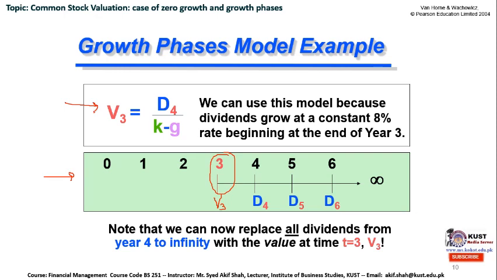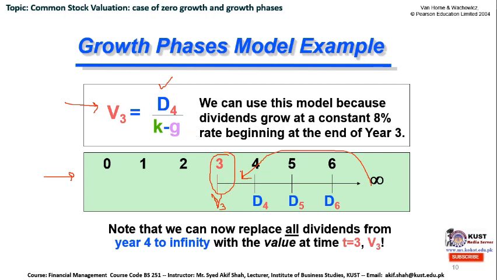So what is the requirement for calculating V3, or the intrinsic value of this stock at time 3? The formula is to divide, not D1. Remember, we are going to discount back these different dividends under the condition of the constant growth model at time 3.